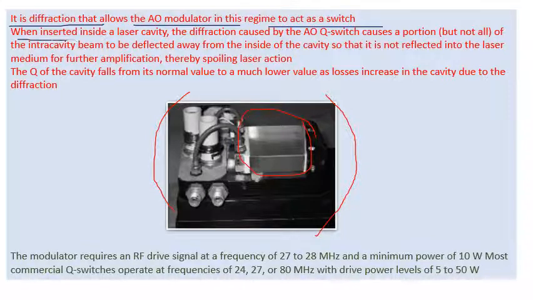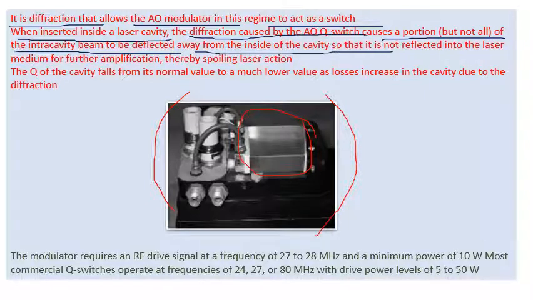When inserted in a laser cavity, the diffraction caused by the acousto-optic modulator Q switch causes a portion, but not all, of the intracavity beam to be deflected. Part of the light is deflected away from inside the cavity, so it is not reflected into the laser medium. We want to take it out of the cavity.